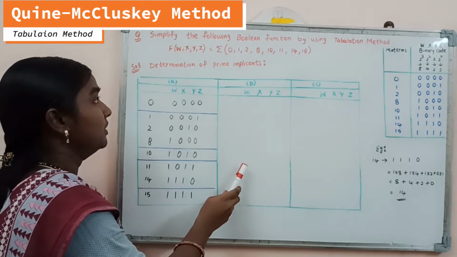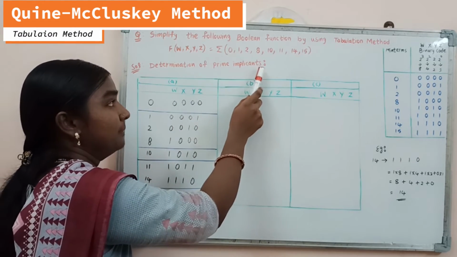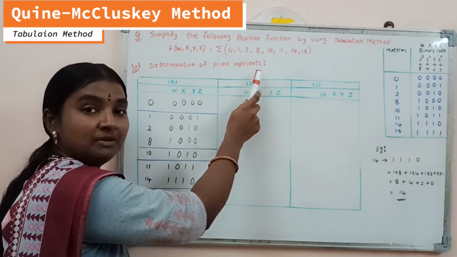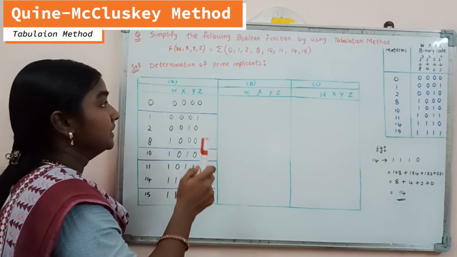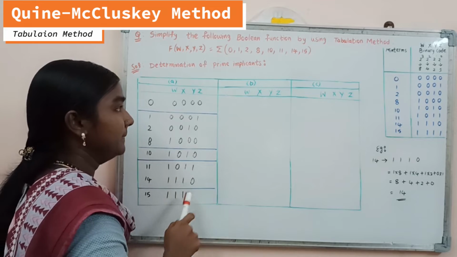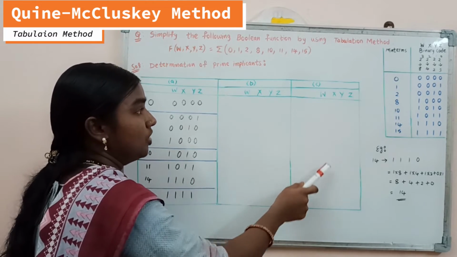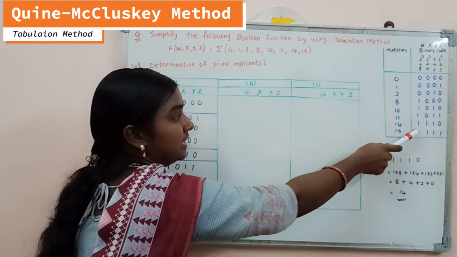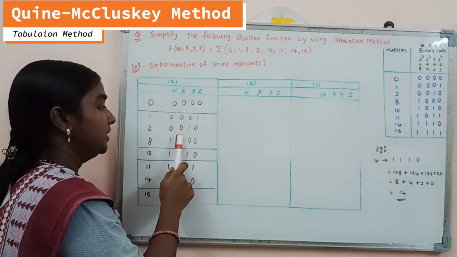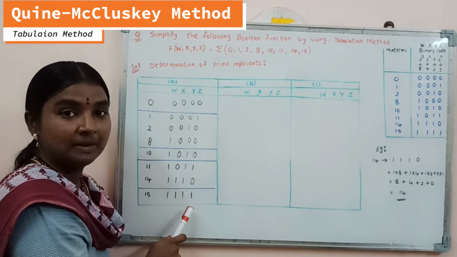So, this table shows the determination of prime implicants in the simplified Boolean expression. If we consider this as column A, column B and column C, all these binary codes we are going to divide into groups according to the number of ones.